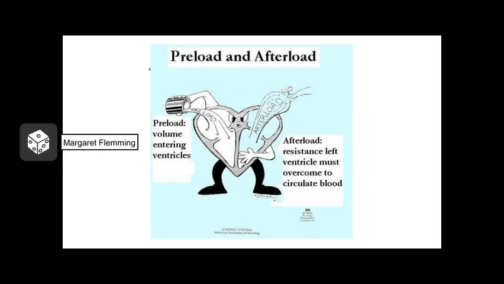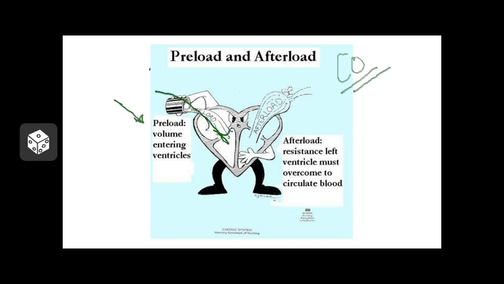We have a couple of functions of physics that influence cardiac output. Let's take a look at preload first. Preload is the volume of blood that goes into the ventricles. If you add volume to that chamber, you will be stretching the walls of that chamber. When you stretch the walls, you stretch those cardiac muscle cells, and that triggers a myogenic response.